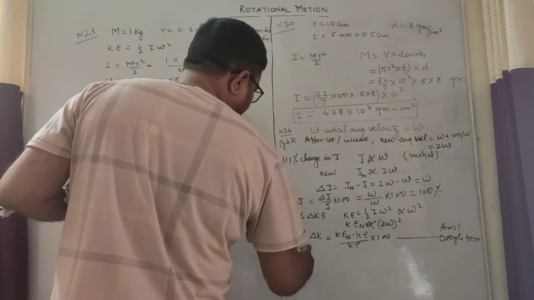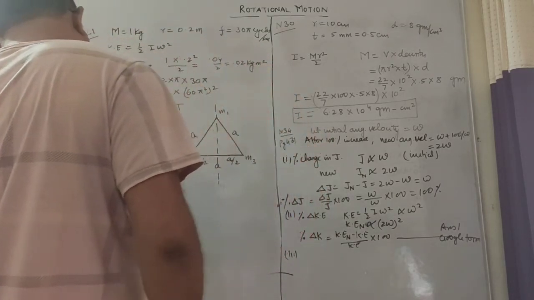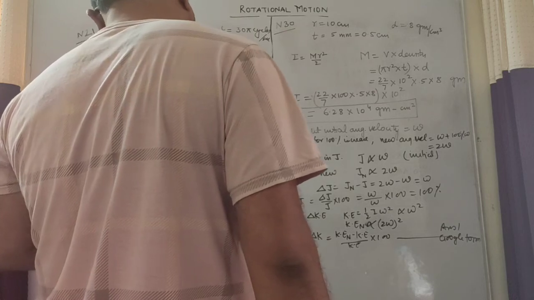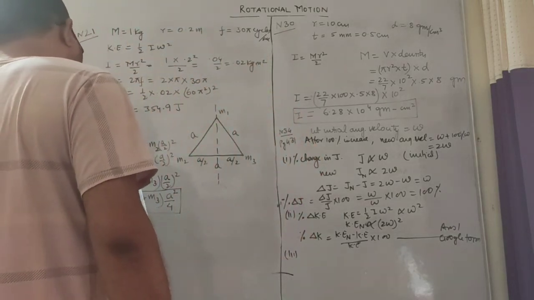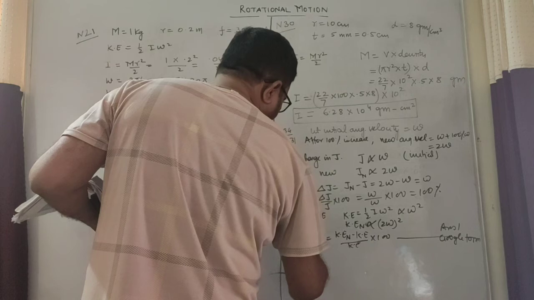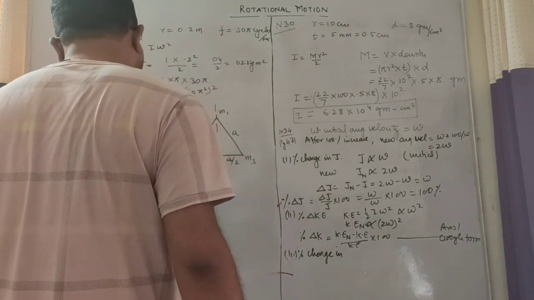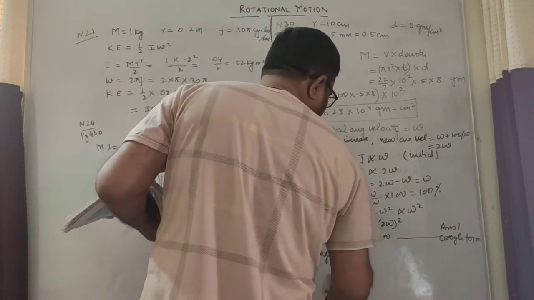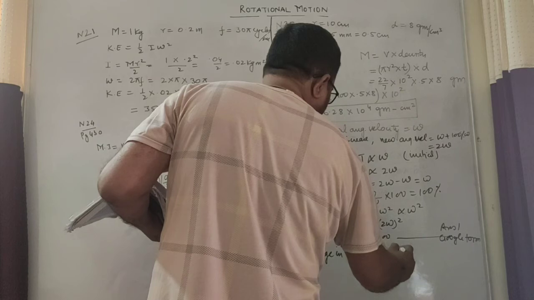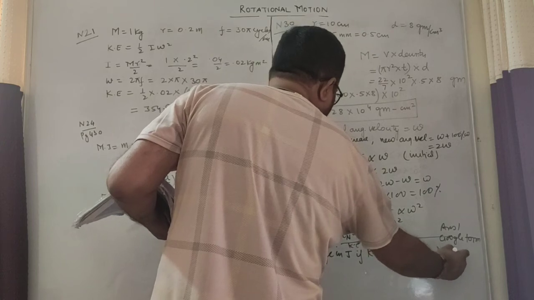Now the third part which I am going to give you is: find the percentage change in angular momentum if the kinetic energy of rotation increases by 100%.